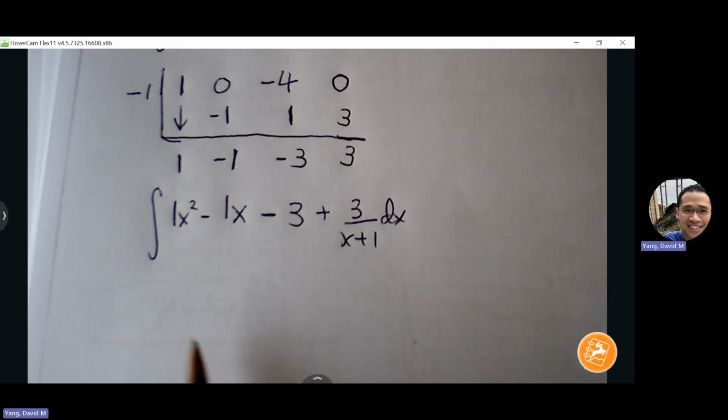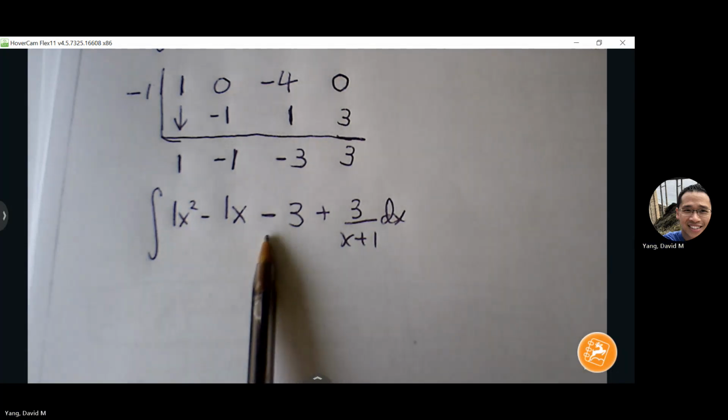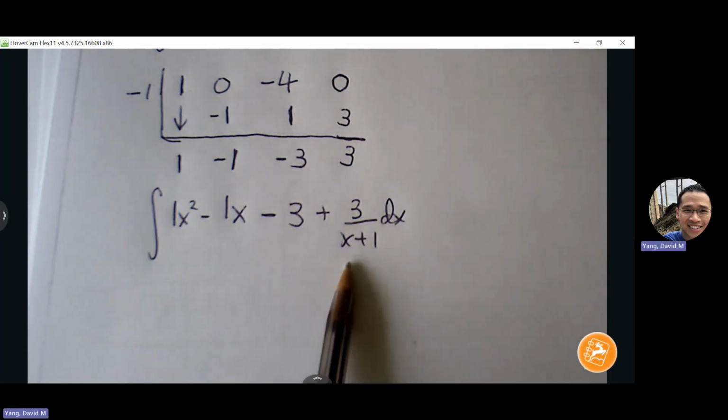The first 3 terms, we can just rely on what rule? Power rule. The last term is a little bit of u substitution. That'll turn into a natural log.